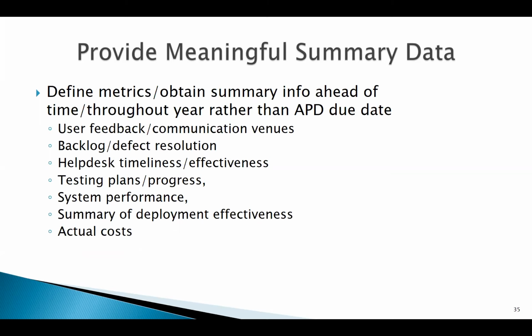Summaries of how effective your deployment process is. And then we already talked about actual costs, but those are just normal kinds of data. You may have other ones that give us a sense of how the project is functioning.